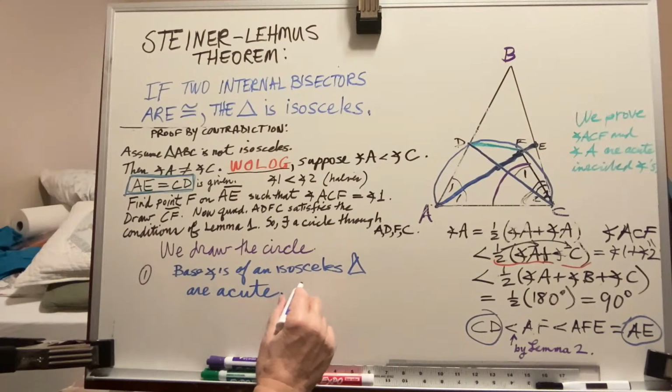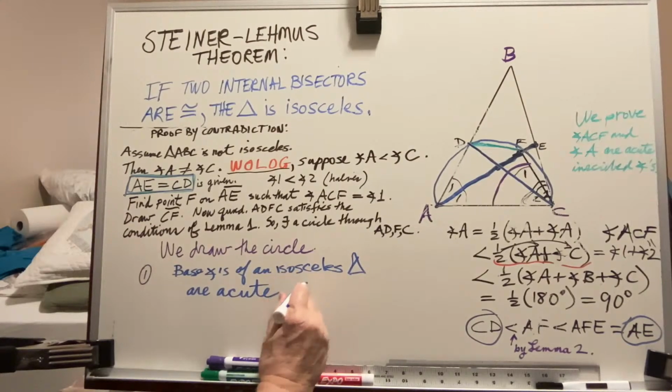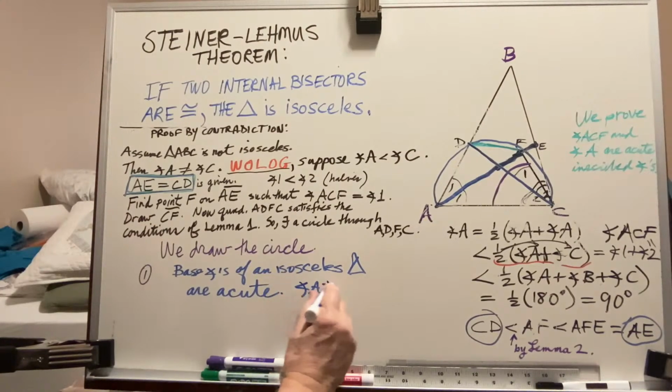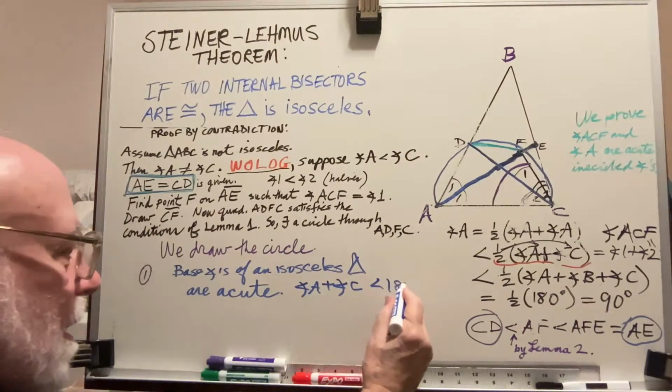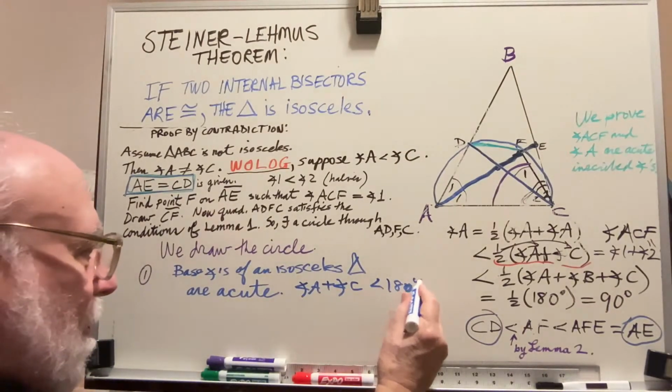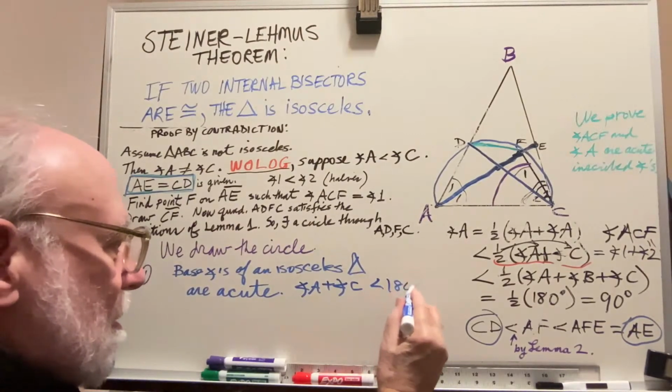And we can see that because angle A plus angle C is less than 180 degrees.